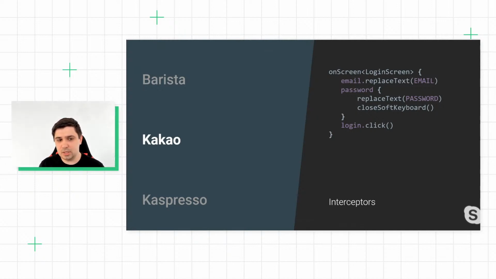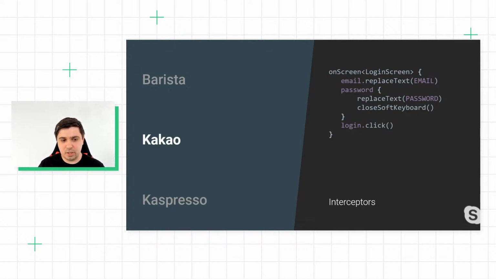In addition to it, the Kakao framework has interceptors. It's a layer between Kakao and Espresso, and as an example, you can add additional logic with interceptors. If your step failed, you can just repeat the failed step without any problem. And it's also an additional benefit of this framework.